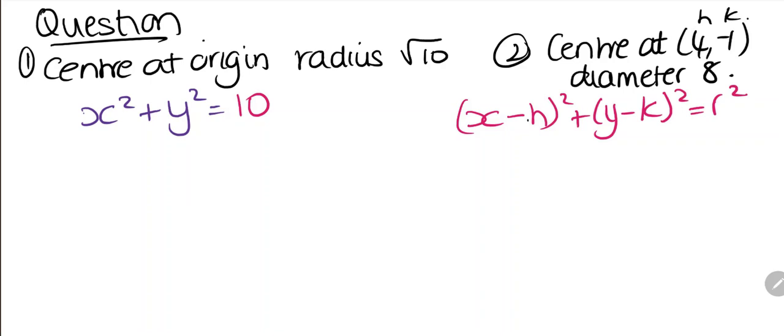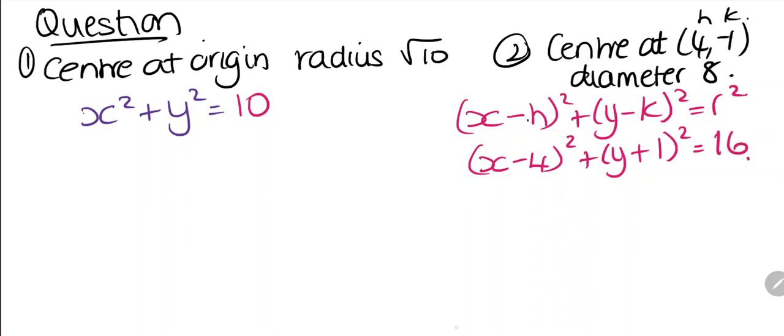So our values are going to be x minus 4 squared plus y, and it's minus k, so it's going to be minus 1, so it's going to be plus 1. The diameter is 8, so the radius is 4, and 4 squared is 16. So there's our answers.